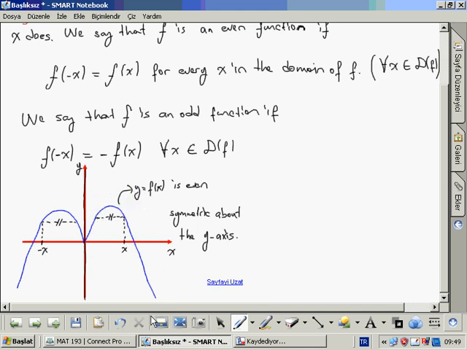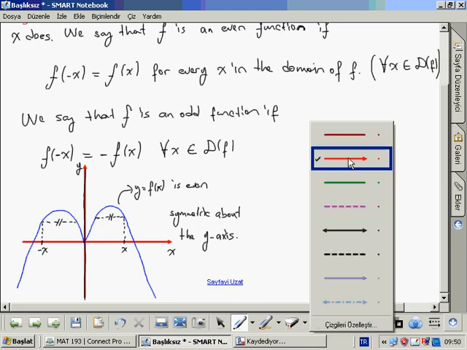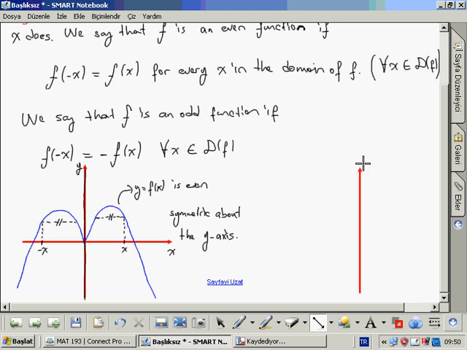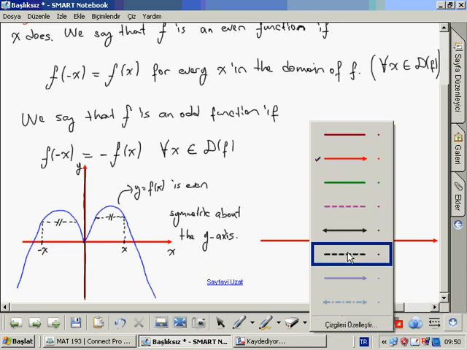And let me continue with the odd function graph. It's the same.